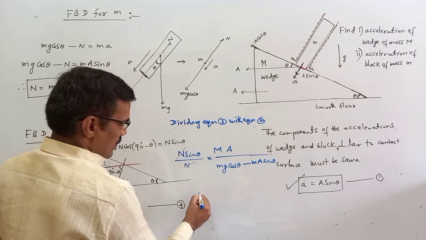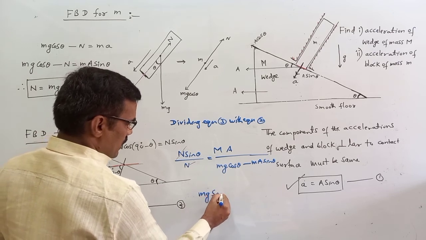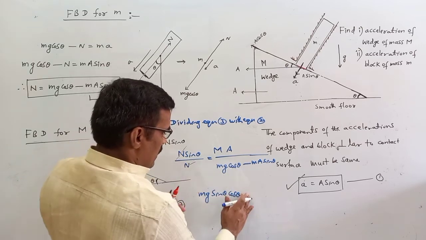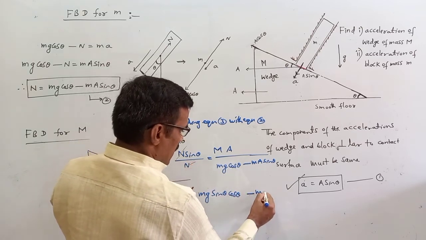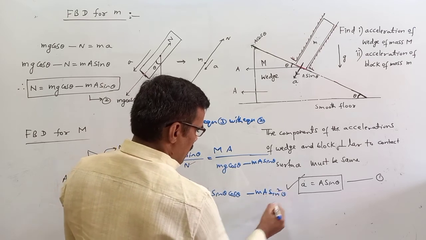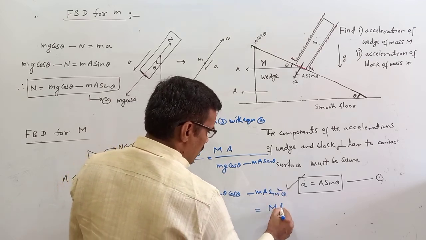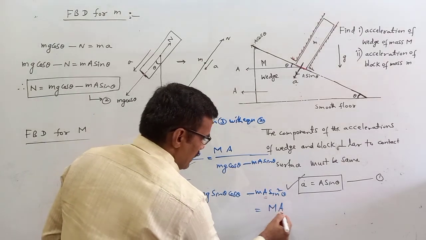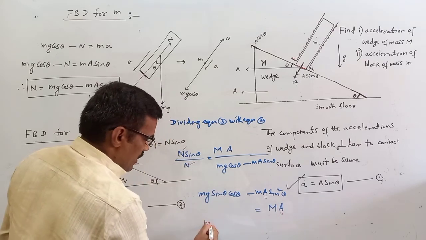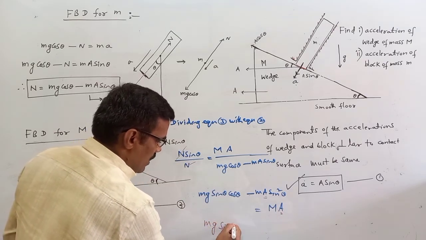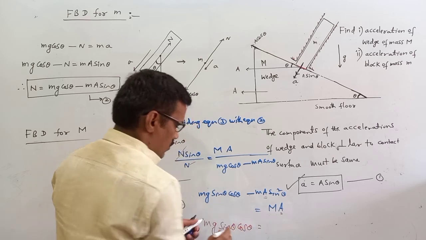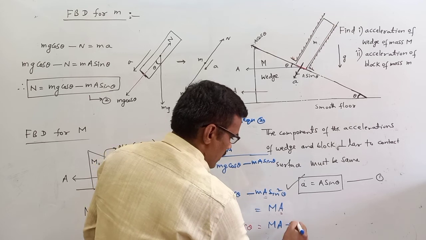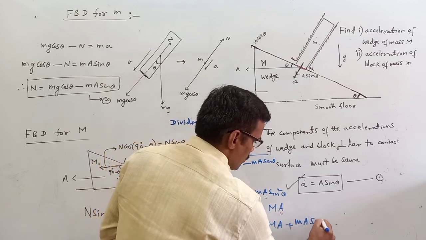Cross multiplying, mg sin theta cos theta minus ma sin square theta equals capital M capital A. Then I want capital A, so take this value to that side: mg sin theta cos theta equals capital M capital A plus small m capital A sin square theta.